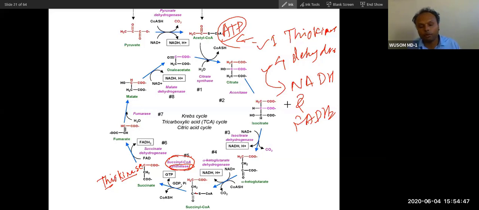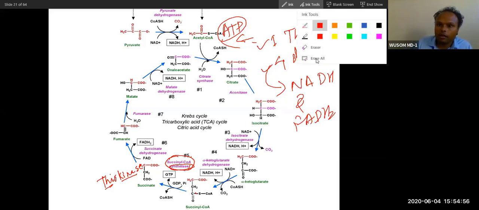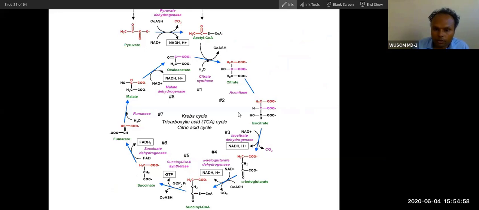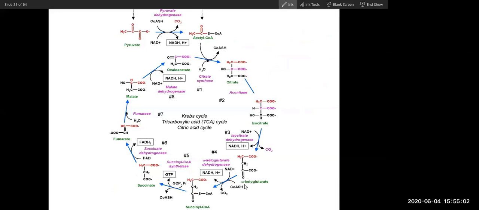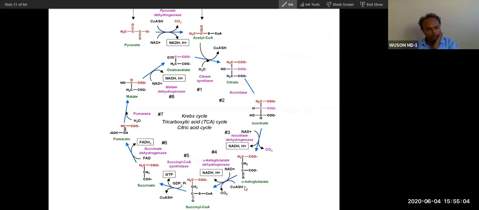If you remember these 5 steps, you will remember the most important steps of the Krebs cycle. Did you understand this? Go through the individual steps yourself, because I have already explained many things.